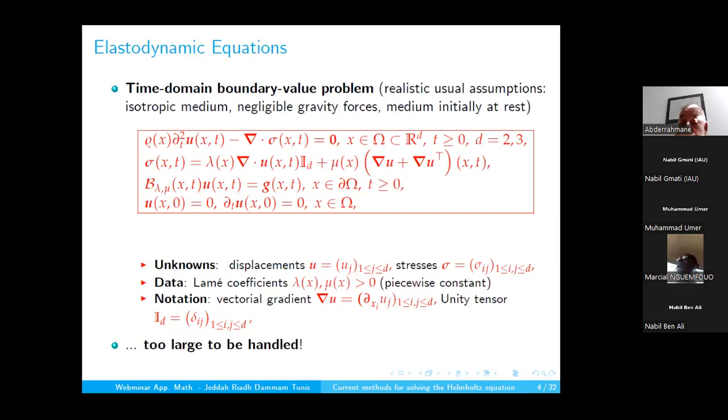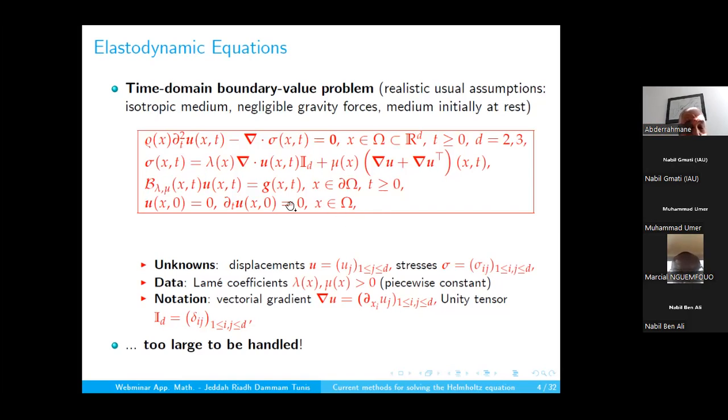How to obtain this synthetic seismogram? You have to solve a realistic model. The equations are constituted by the equation of propagation of elastic wave. And the usual assumption is that the gravity force can be neglected. The medium is initially at rest, and that is an isotropic medium.